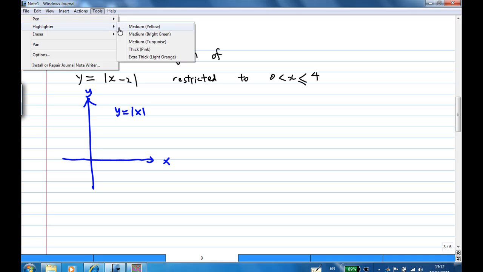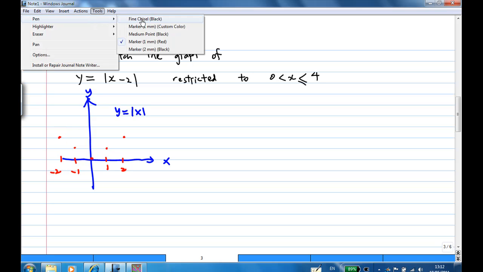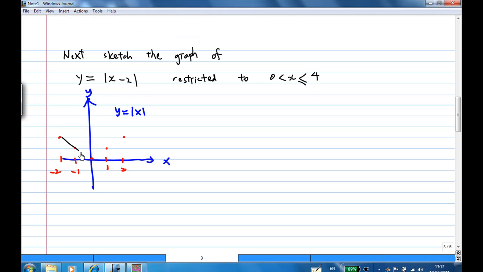You can draw the graph just like what I did just now. You have x equal to 0, y equal to 0, x equal to 1, y equal to 1, x equal to minus 1, y equal to 1, x equal to 2, y equal to 2, x equal to minus 2, y equal to 2. And you have the graph of y equal to absolute value of x.